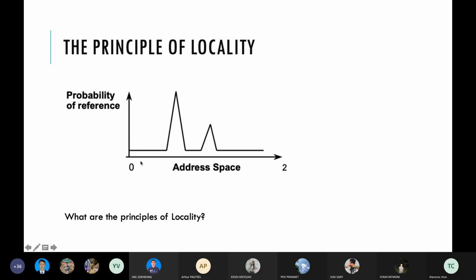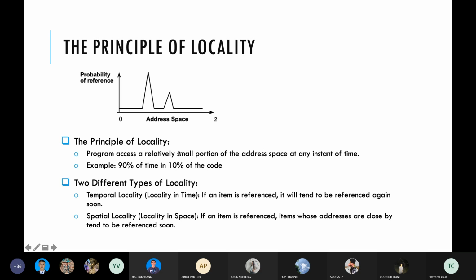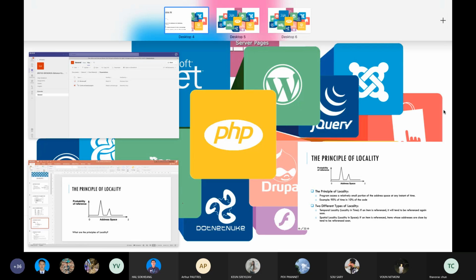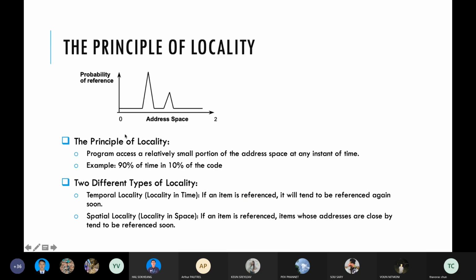Okay. So based on this graphic, we have derived two concepts about locality of reference. When you talk about locality of reference, you refer to how the CPU may request to the memory. All right. So there are two types of this concept. One is called temporal locality, which refers to locality in time.